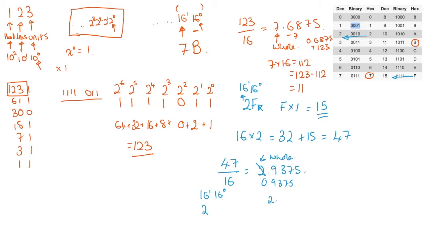I can then take that from 47, which gives me 15. I know that the hexadecimal unit here that corresponds to 15 is F. So that's my hexadecimal number.